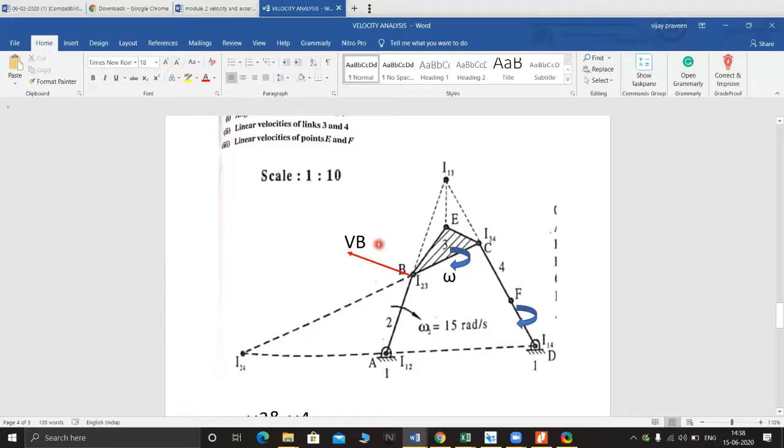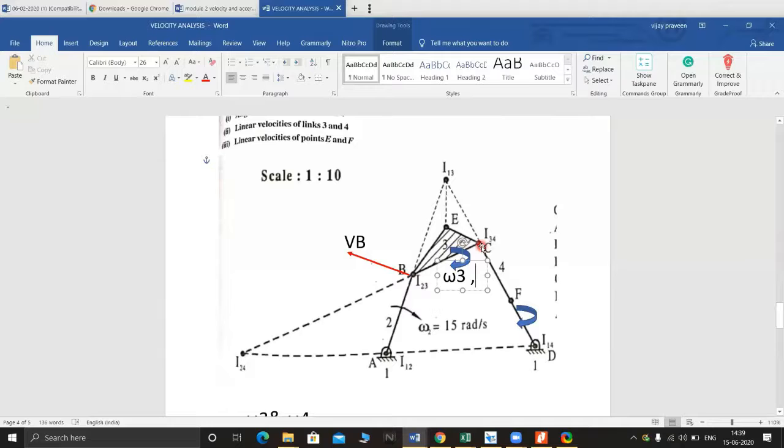As we know, according to the instantaneous center method, VB will be equal to this point B. Now we took point B on link number 2. If we take this point B with respect to link number 3, we can consider VB equal to omega. What is this omega here? Here with respect to link number 2, we call it omega 2. Here with respect to link number 3, we call it omega 3, or it is also called omega BC.